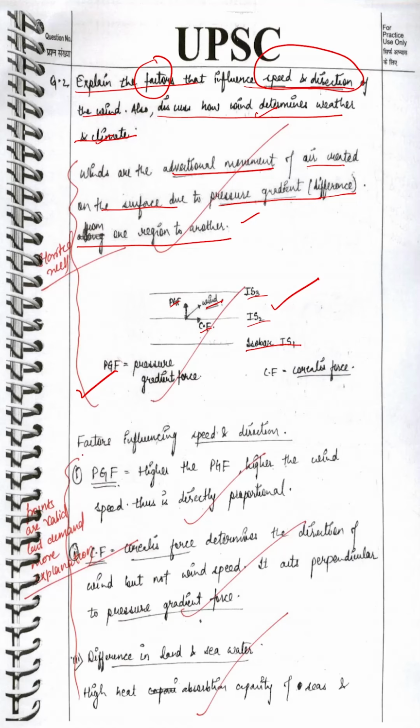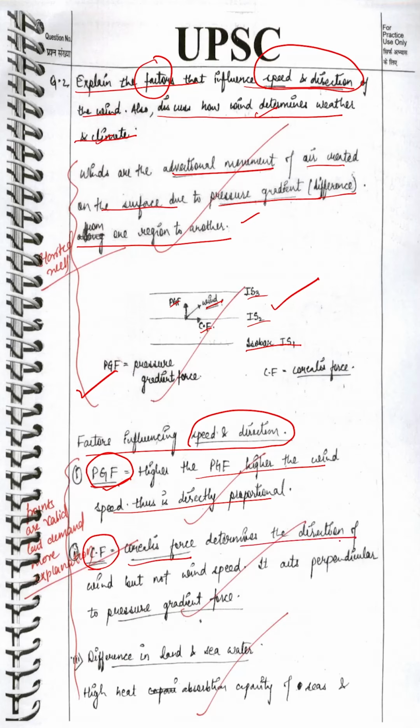Now, factors influencing the wind speed and direction. Here the pressure gradient force, one of the important forces, is written down first, and it influences the wind speed. Then there is the centrifugal force, which is produced because of the rotation of the earth and determines the direction of the wind.